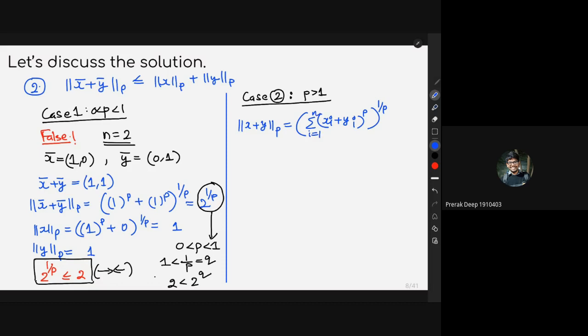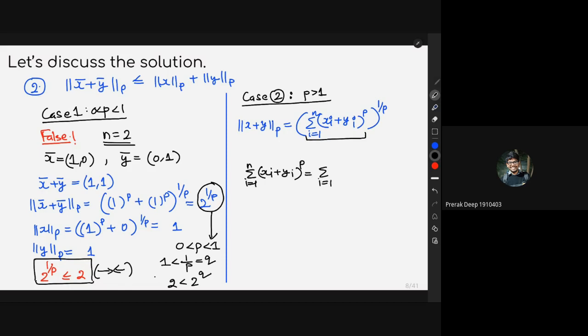Let me take this part which is inside the bigger bracket. Let me first find the bound on this quantity, and then we will get the inequality of the norm. So we start with the summation of |xi plus yi| to the power p, i varying from 1 to n.